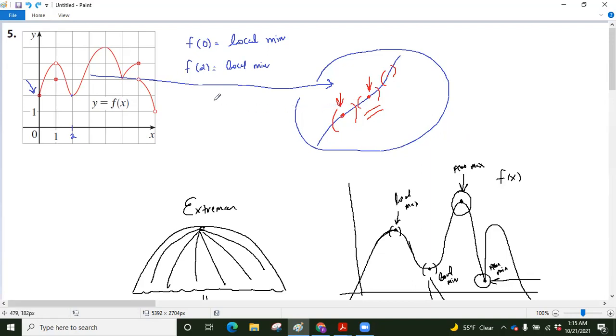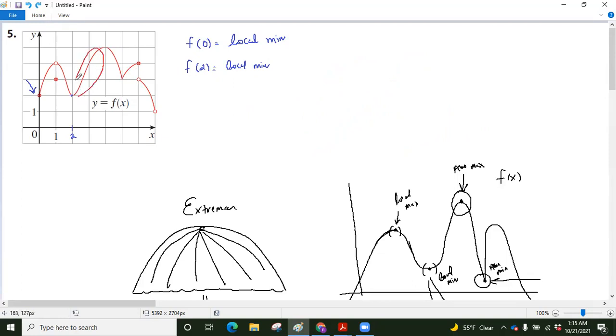That's just not possible. That's why we're not even looking at these points. We're really looking at these valleys, where the graph does something a little more eventful or interesting.